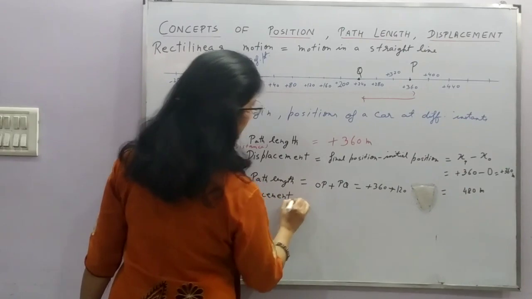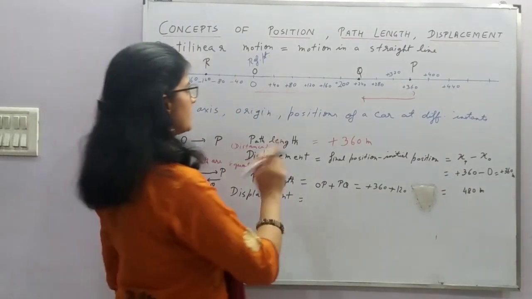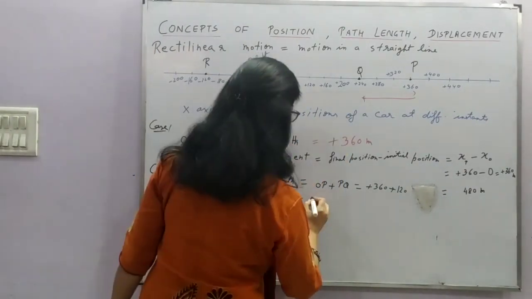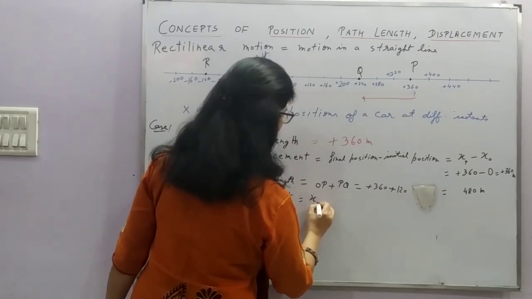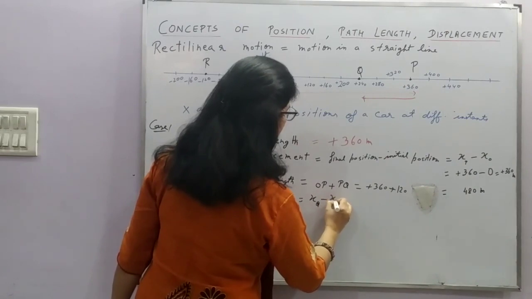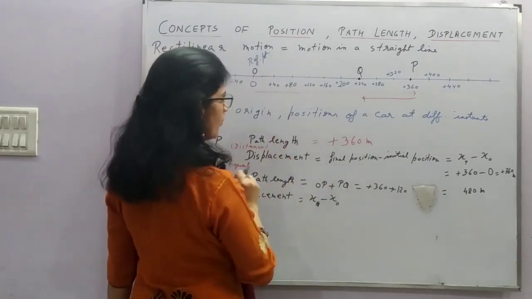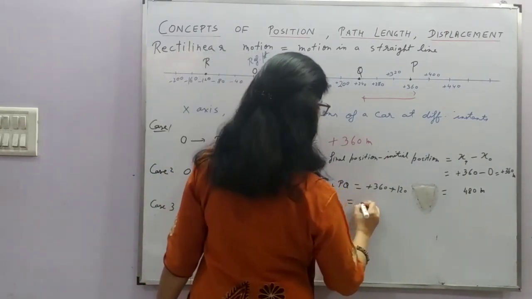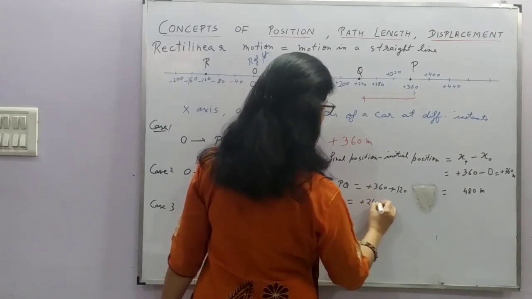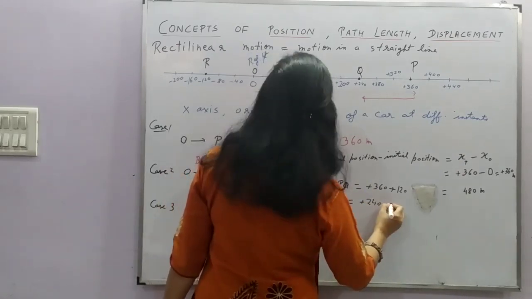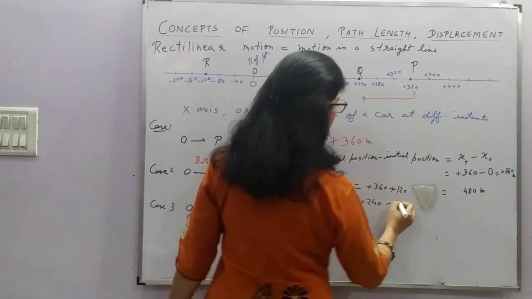Similarly here, you can write down the displacement. For displacement, we want the final position minus initial position. What is the final position? X, Q is the final position, right? Minus what is the initial position? Initial position is O. So final position is plus 240, minus initial position 0.